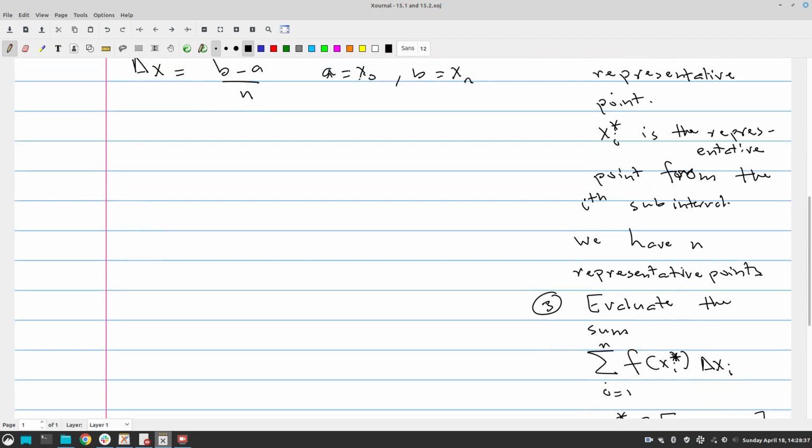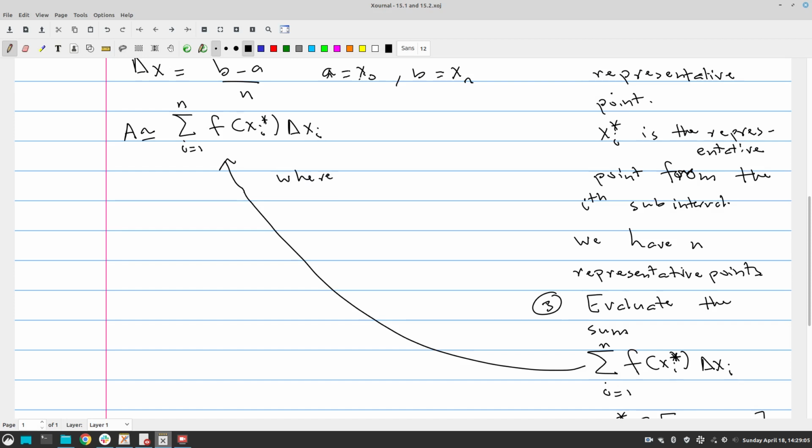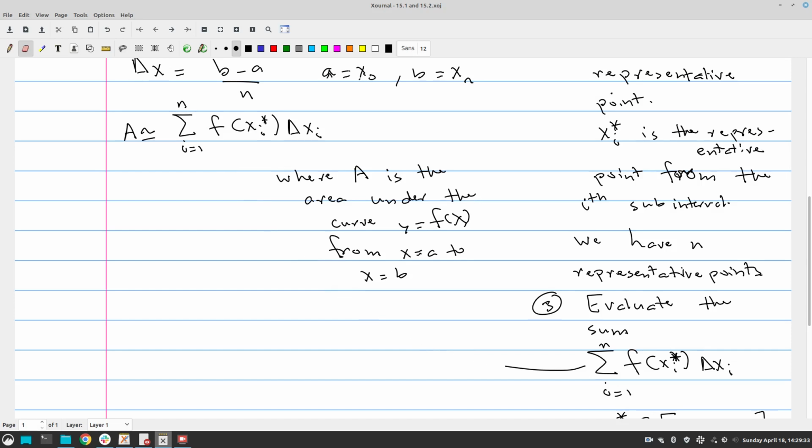So what does this sum give you? This sum gives you a good approximation for the area under the curve y equals f(x) from x equals a to x equals b.